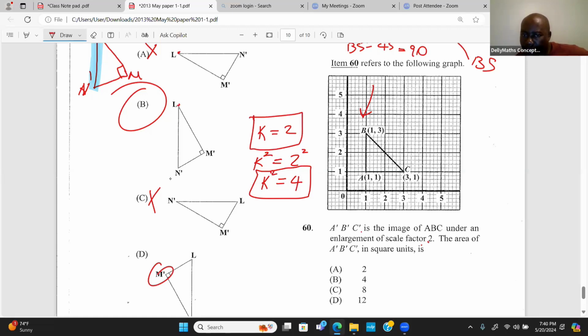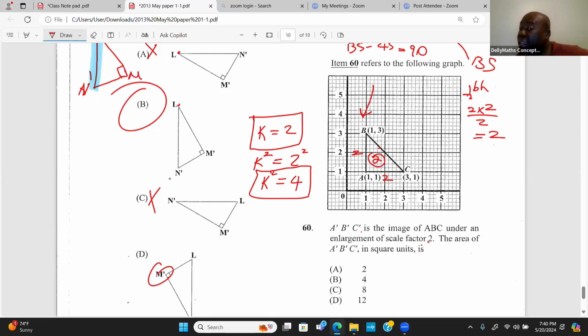So if I find the area of this, it's 2, 2. So it's going to be base times height, area of the original one. Half base height, 2 times 2 over 2. That is just 2. So now, this is 2.